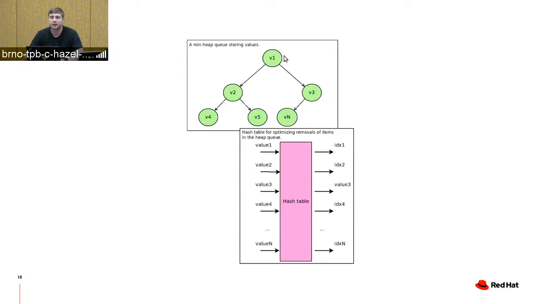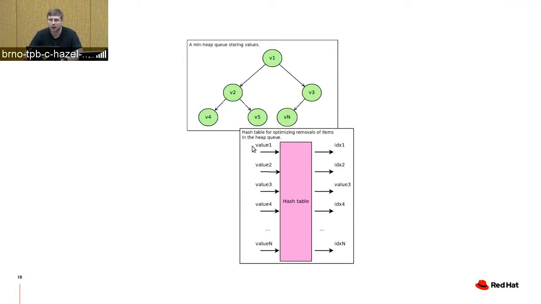It's a min heap queue, so the top item in the min heap queue will have the lowest score in the resolution process. This is, by the way, inverted in the implementation, so the top rated will have the highest score. That's an implementation detail.